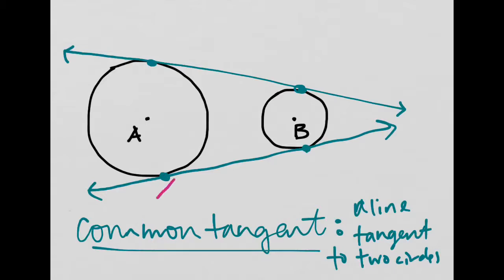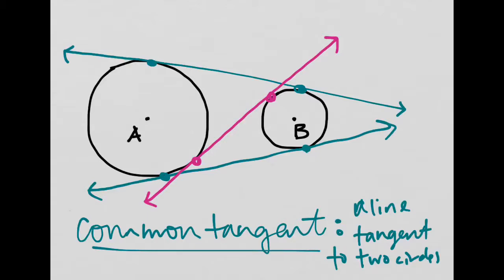You could have a line, and I'm using a different color just to keep it pretty. All right, if this is tangent and this is tangent, and again, this would actually have to intersect at one point, but I did not draw my line perfectly. If this line here is tangent to circle A and tangent to circle B, meaning there's one point of intersection, that is also a common tangent.